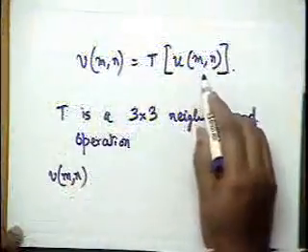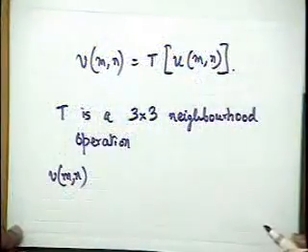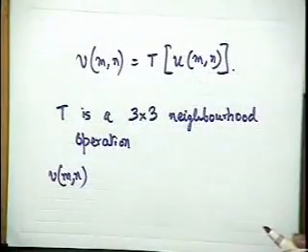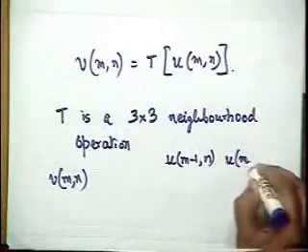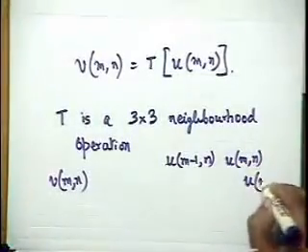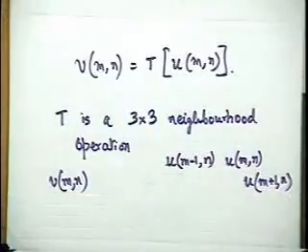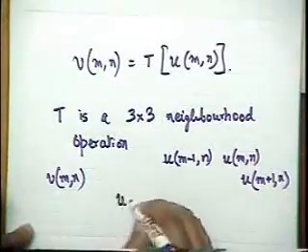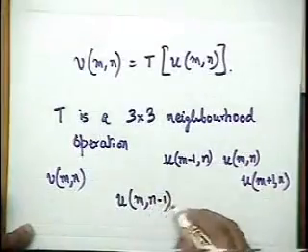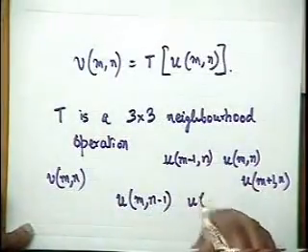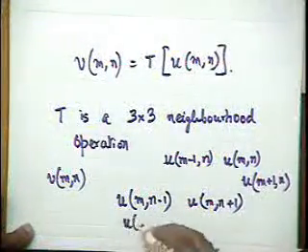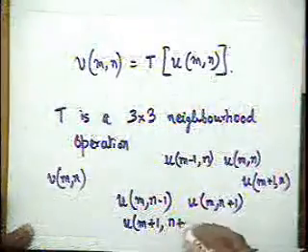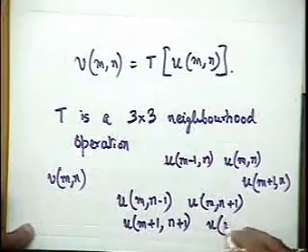If I define this to be a 3 by 3 neighborhood, then obviously V of Mn is not dependent on U of Mn alone. Can you tell me which are the points on which it will depend? It will depend on U of m minus 1, n. It will obviously depend upon U of m, n. It will also depend upon U of m plus 1, n; U of m, n minus 1; U of m, n plus 1; U of m plus 1, n plus 1; and U of m minus 1, n minus 1.